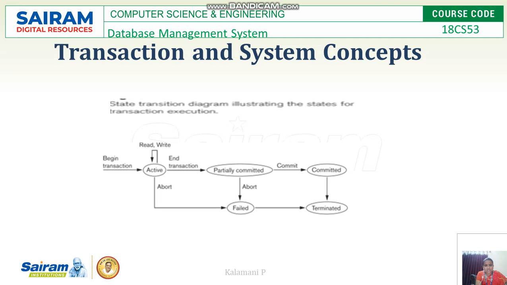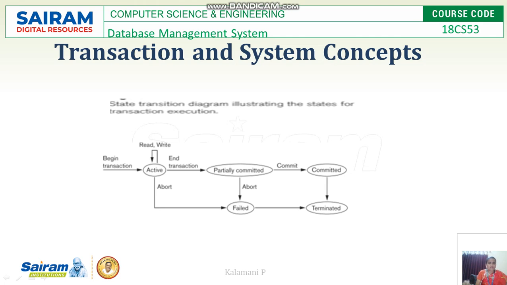Once the transaction is completed, it enters end transaction. It will be partially committed, stored in the buffer. Then a permanent commit is given, meaning it will be stored in the database, and it will be terminated. So this is one cycle: begin transaction, read and write values in the active state, then partially committed, then terminated.